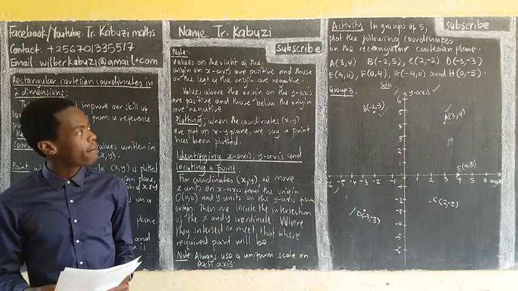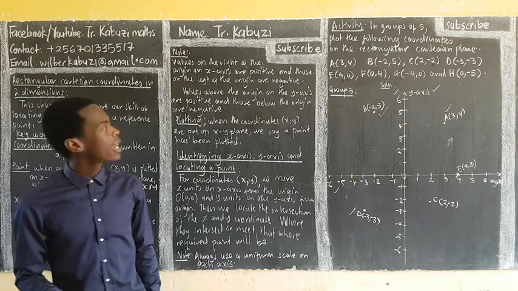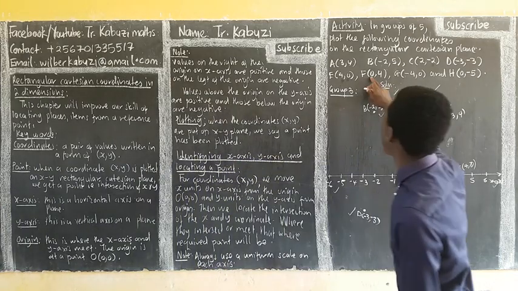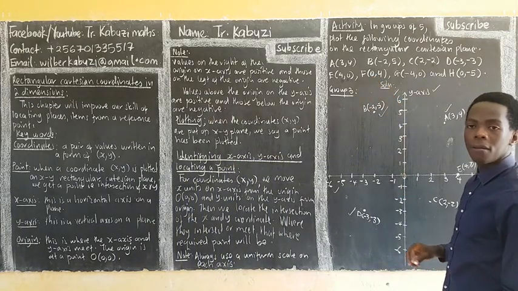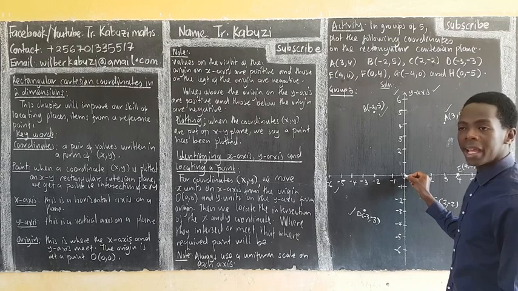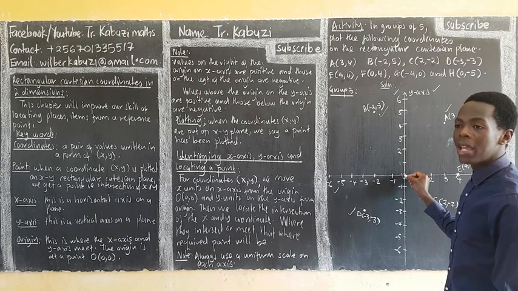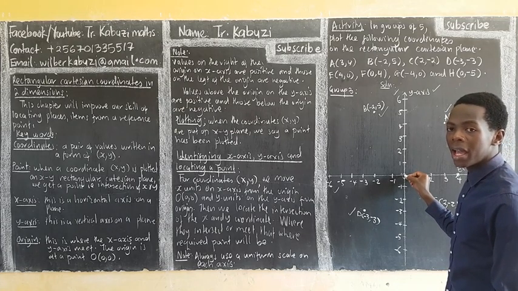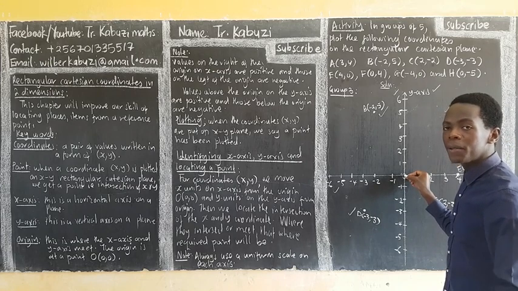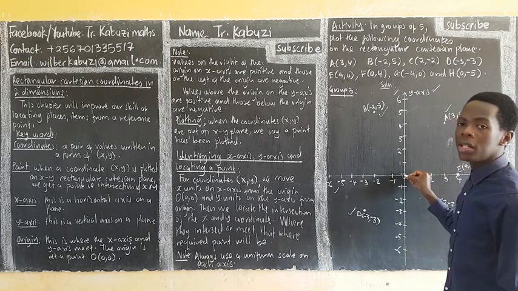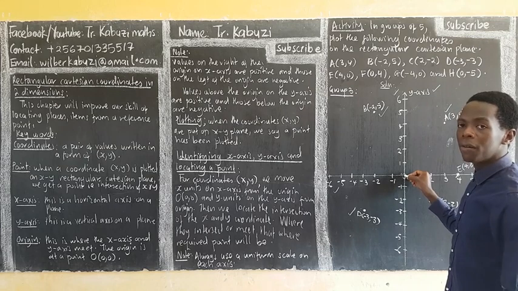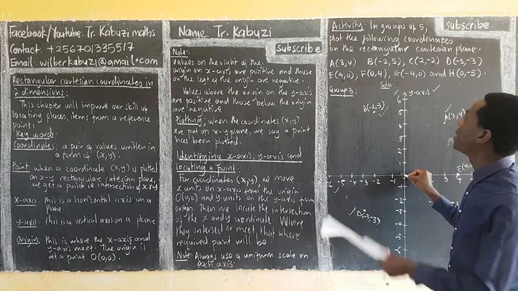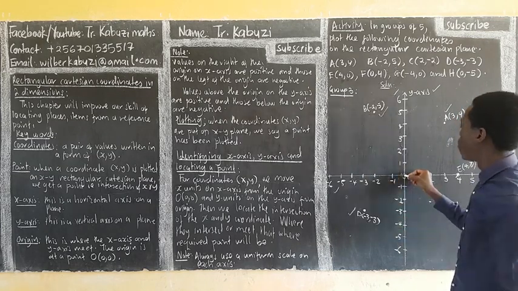Then when we come to F, 0, 4, you see that now this is our x, 0. So we are moving nowhere. Whenever it says 0, it means that we move nowhere. In that, if it's x, it means that we are on the origin. Then after, in the y, they are telling us to move 4.